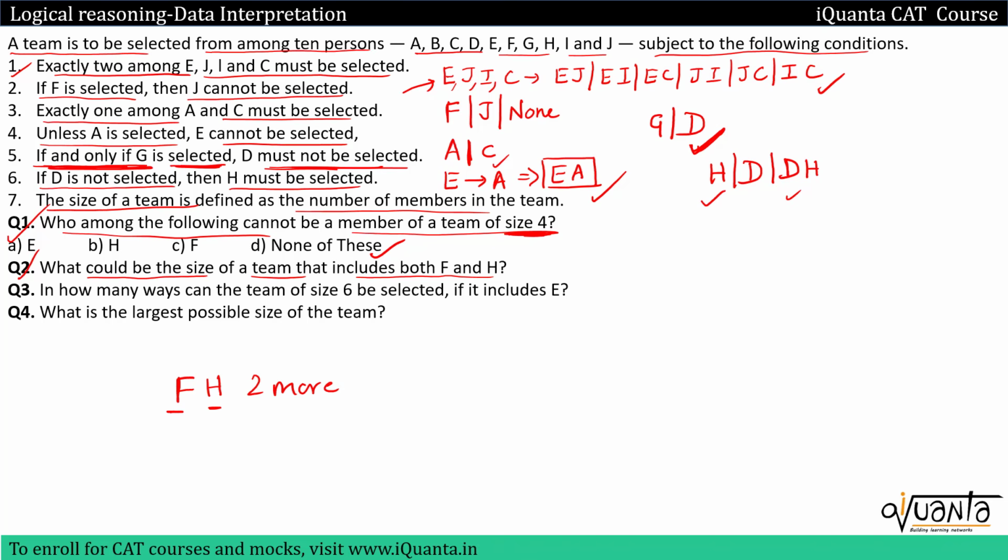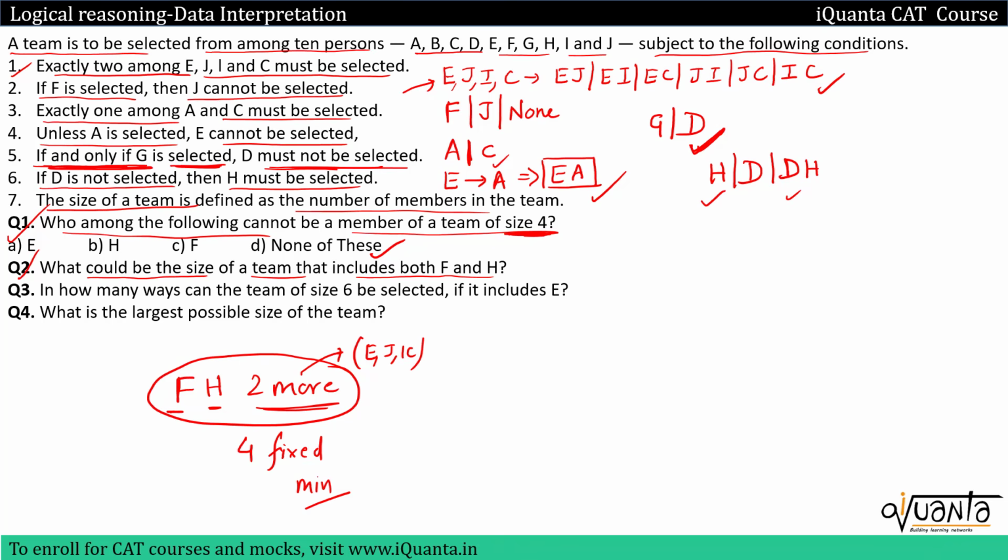So F and H have to be there according to the question, and 2 more people out of EJIC have to be there in the team. So these 4 are fixed. 2 more out of EJIC. So I can say that the minimum size of a team that is possible will be 4. So a team of size 3 is not possible if F and H both are there.